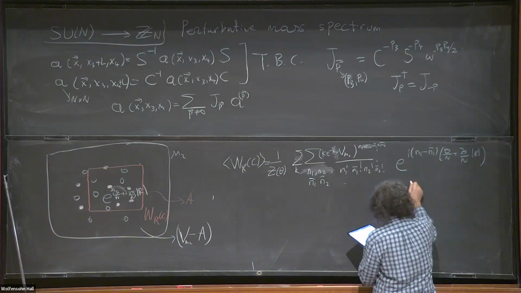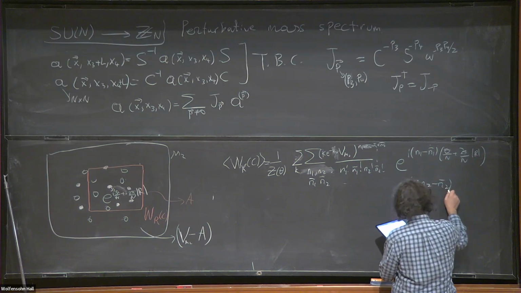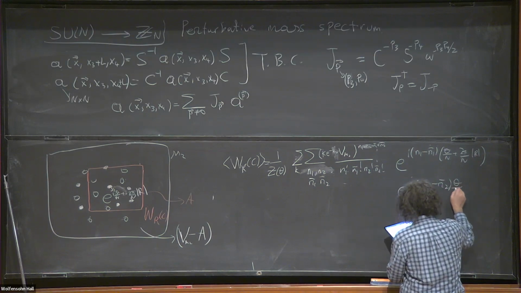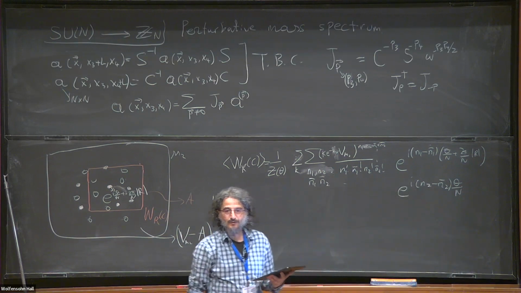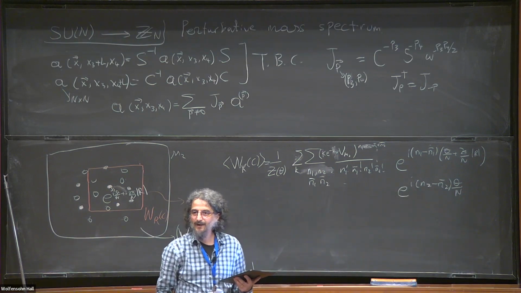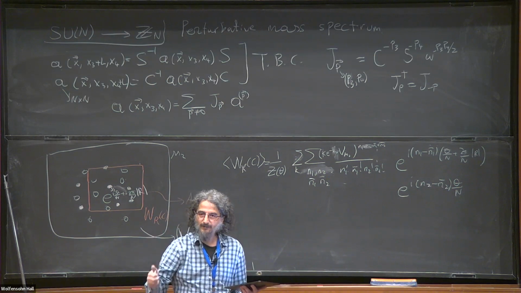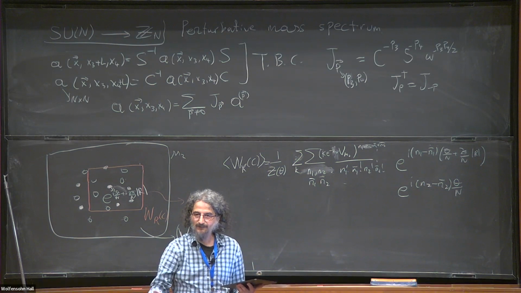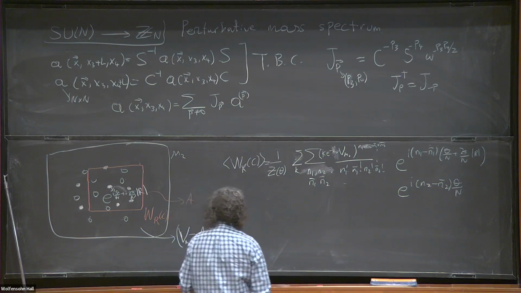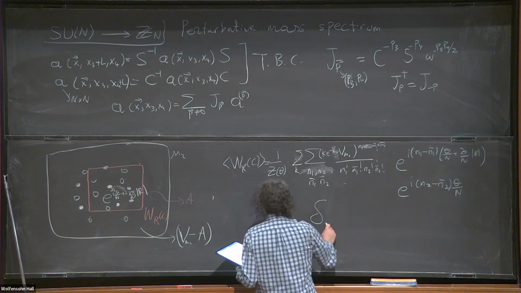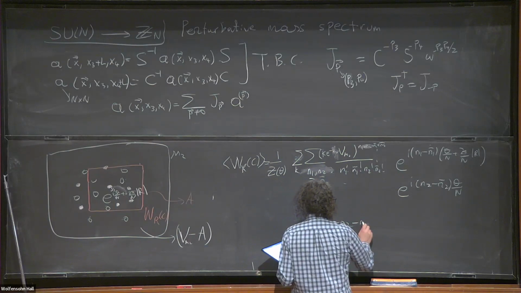If you are outside, n2 minus n2 bar, θ over n. But this is not the whole story. I am forgetting something. I didn't put my constraint yet, right? I must have n1 plus n2 minus n1 bar minus n2 bar be an integer because I am doing a sum over integer topological charge configurations.